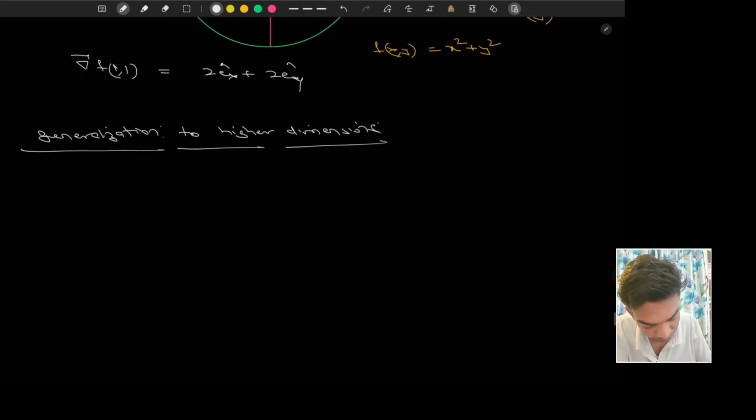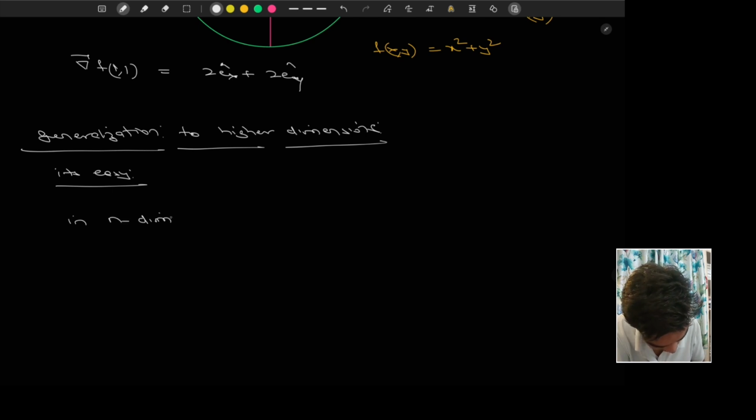So the generalization is very easy. The gradient in n dimensions is nothing but the summation over i of ei ∂/∂xi.